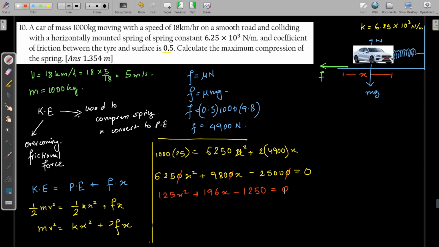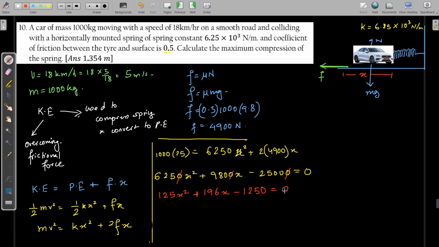Okay, let's see how to solve this one. x square we don't know, so let's use Sridharacharya's formula.